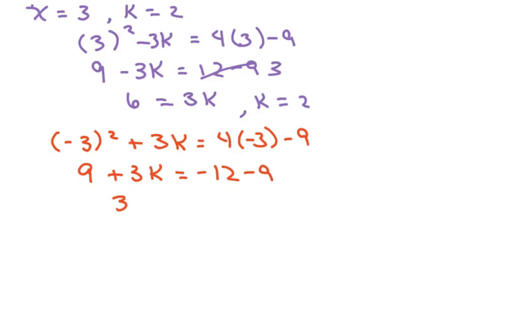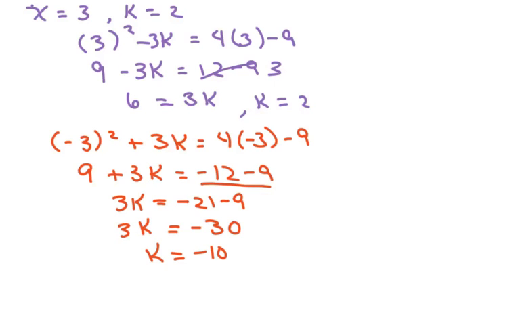So we get 3k equals, this is negative 21 minus 9, which is negative 30. So k equals negative 10. So in this case, when x is negative 3, our k was negative 10.